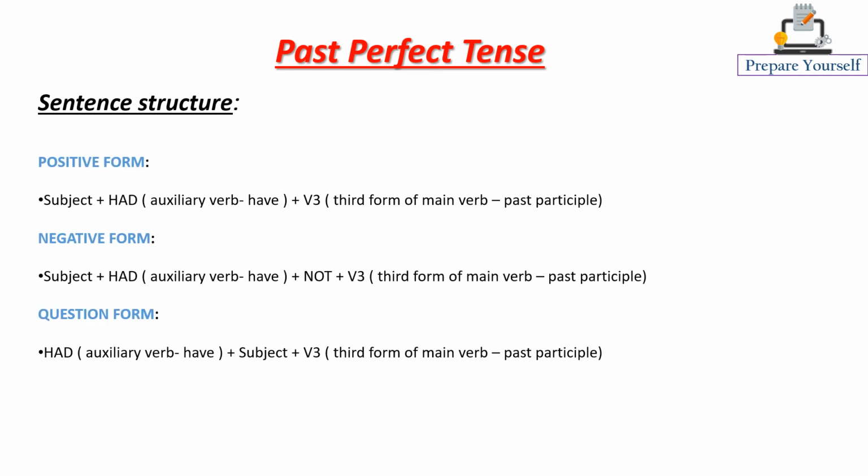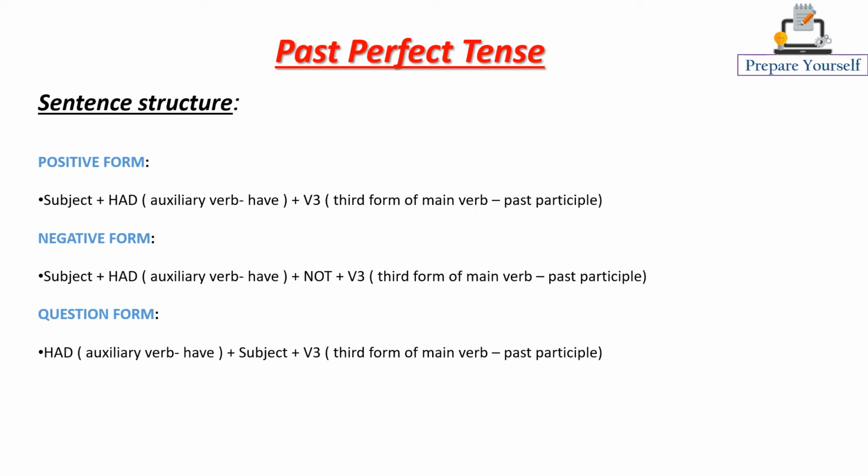Let's have a look at the sentence structure of past perfect tense. For positive form, we use subject plus had, verb have plus verb 3, the third form of a verb, past participle.